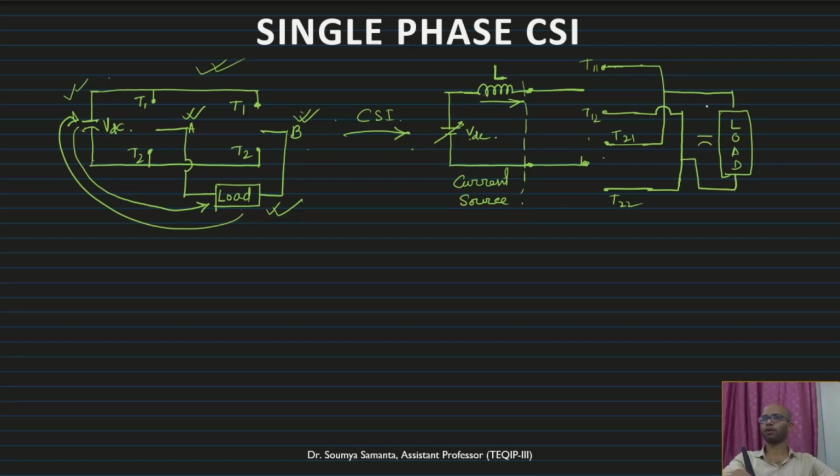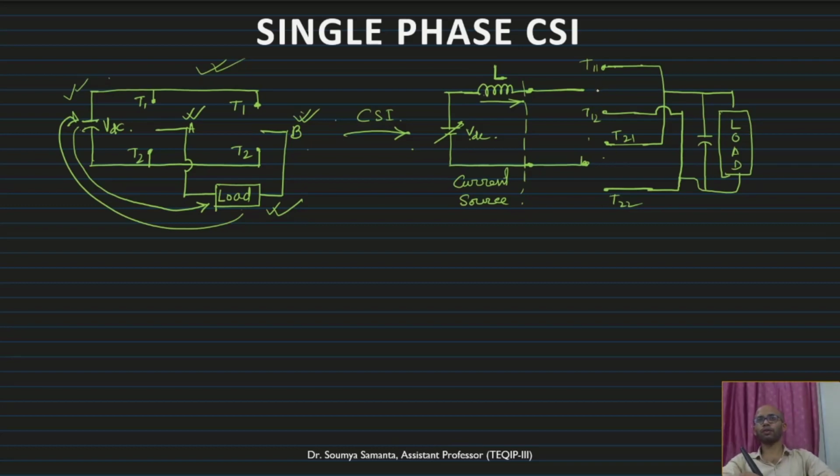To maintain a stiff voltage, we will connect an AC capacitor. Let us directly connect it here. So this is the connection.